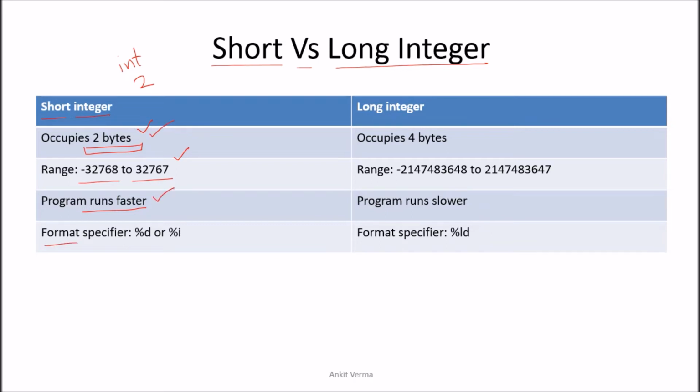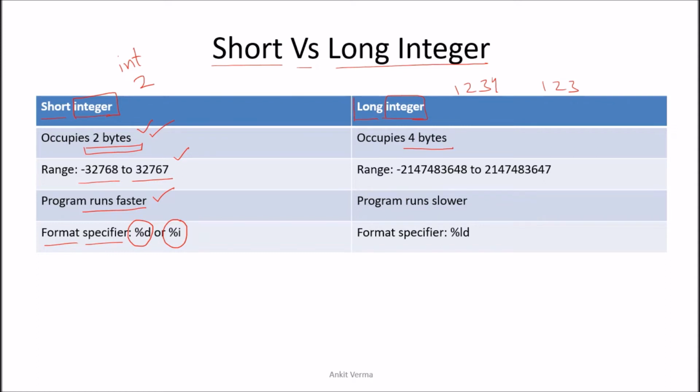And what are the format specifiers? Some compilers use %d, some use %i. So these are the format specifiers. Now if I compare this one with the long integer, it occupies 4 bytes. See, the values are the same, meaning integer values can be taken without floating. Suppose 1, 2, 3, 4 is an integer value, 1, 2, 3 is an integer value. So all the values are integers. But how long can you go?